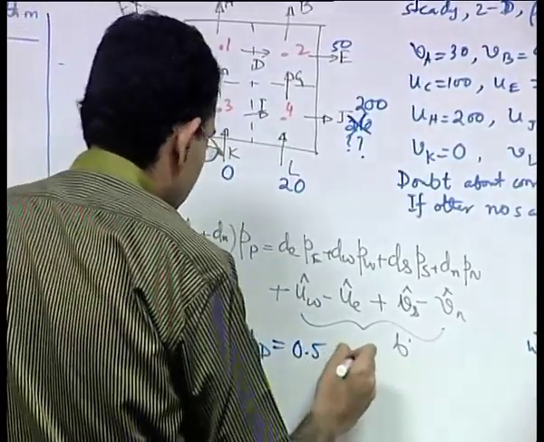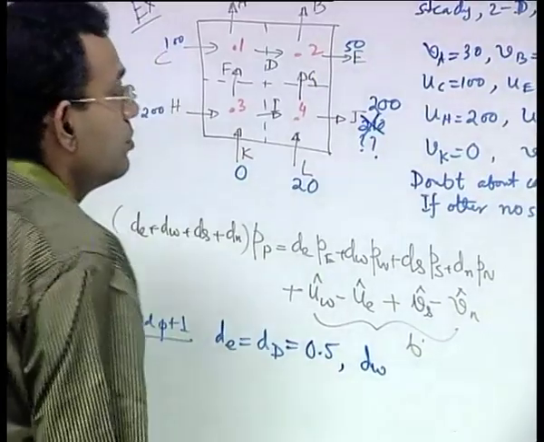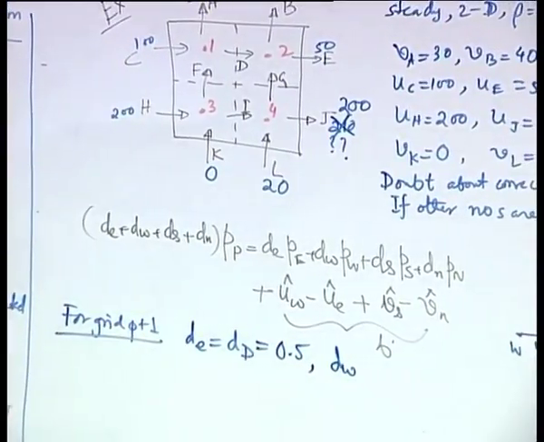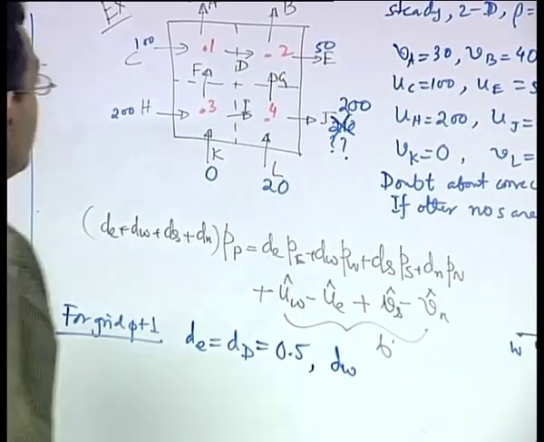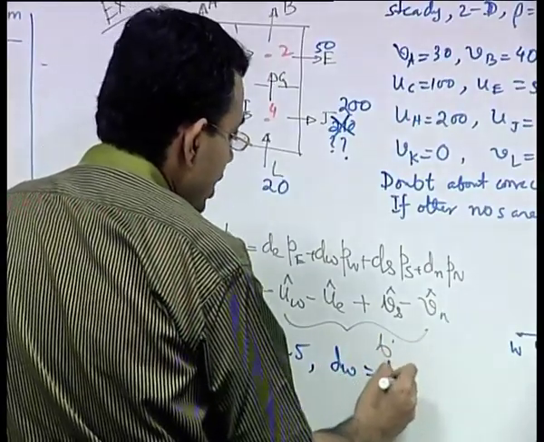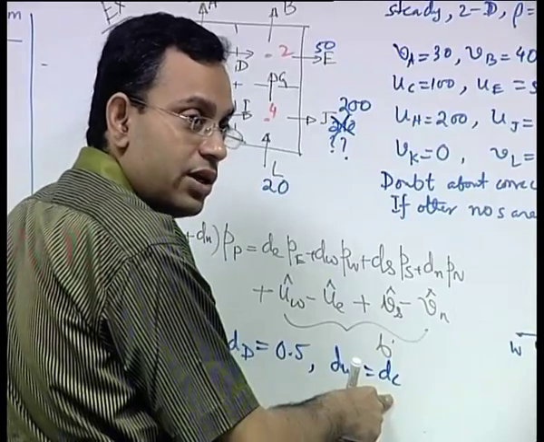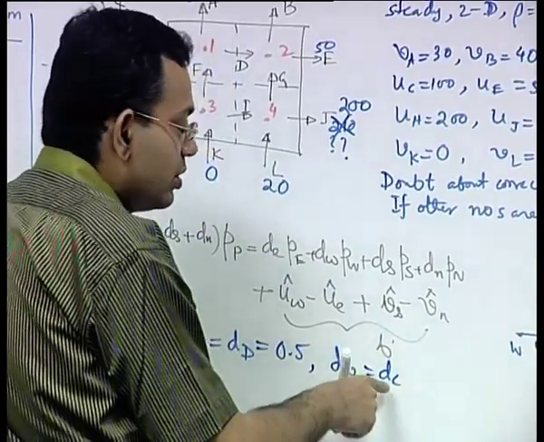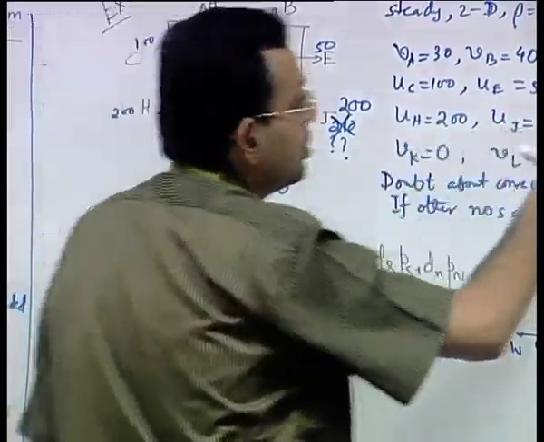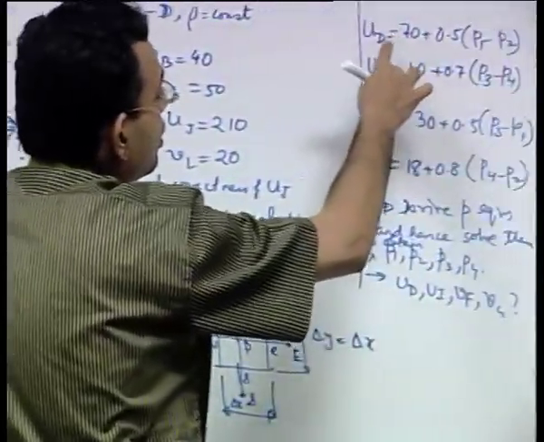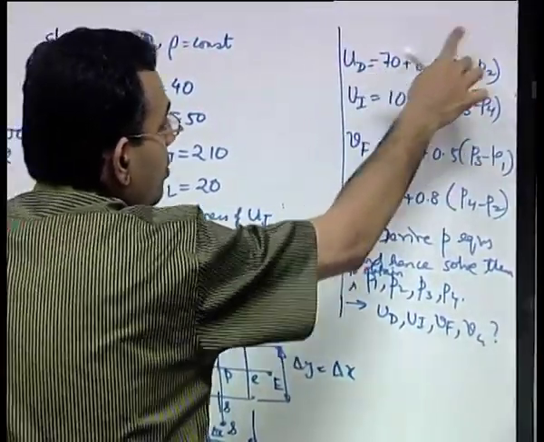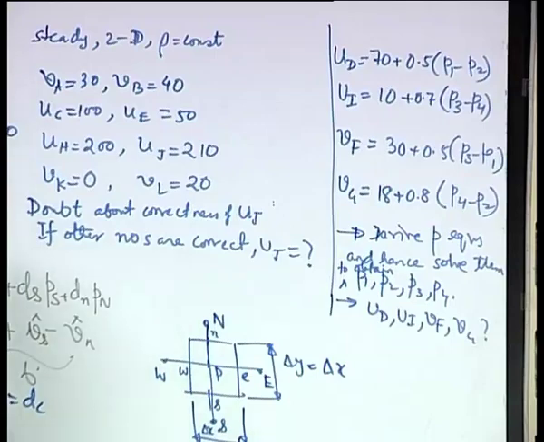Then DW, why is DW 0? DW is equal to DC, but UC is given. So UC is equal to UC given, there is no additional term that is necessary for that.